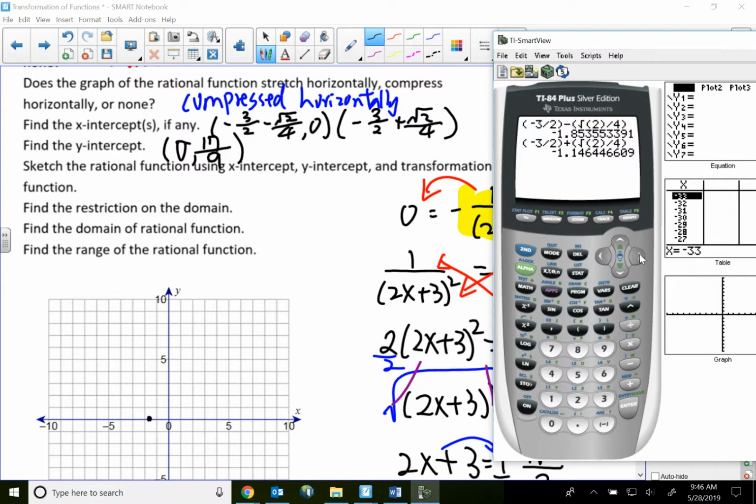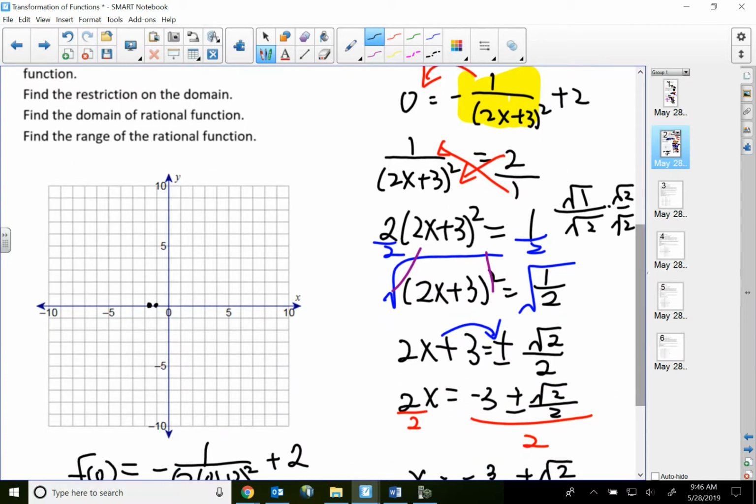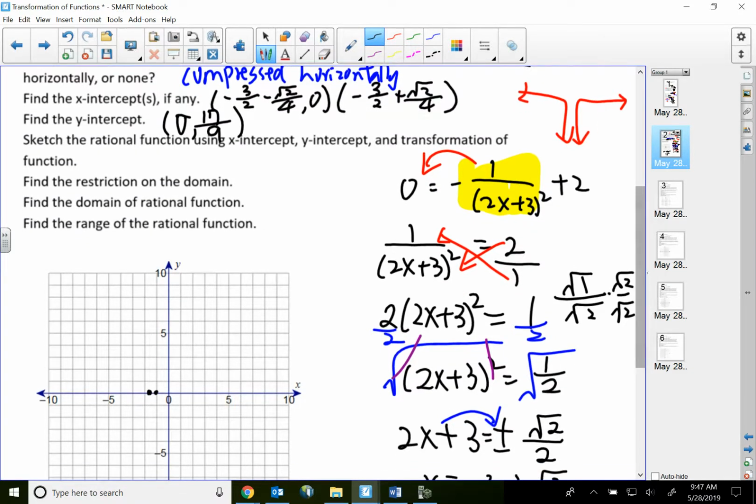Ooh, these two things are tight. It's a little bit tight since I'm using this particular picture here. All right, my y-intercept is 17 over 9.